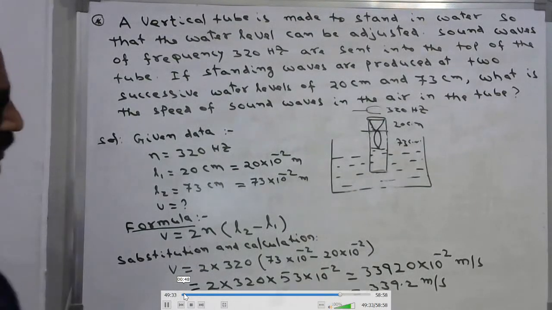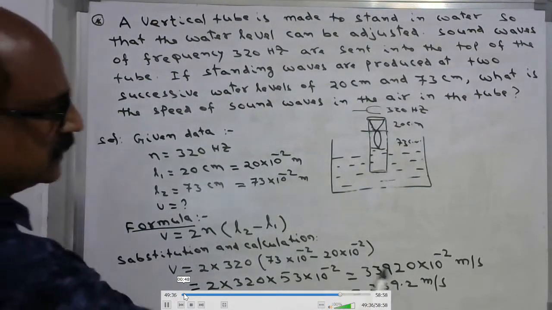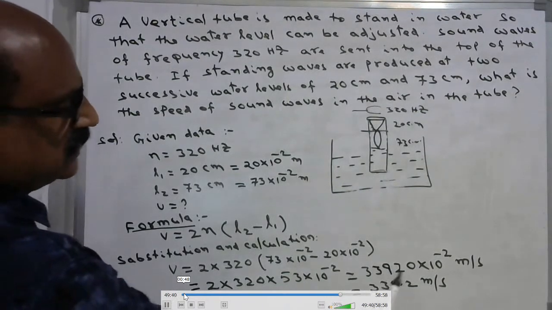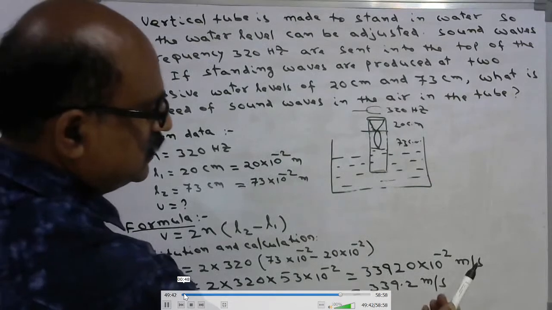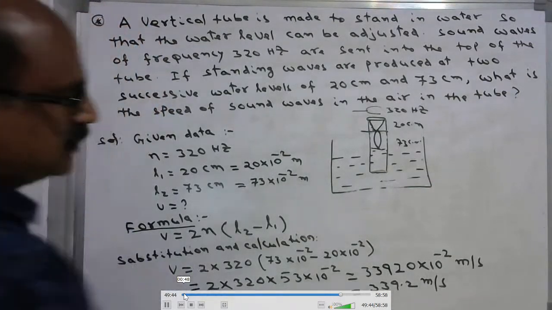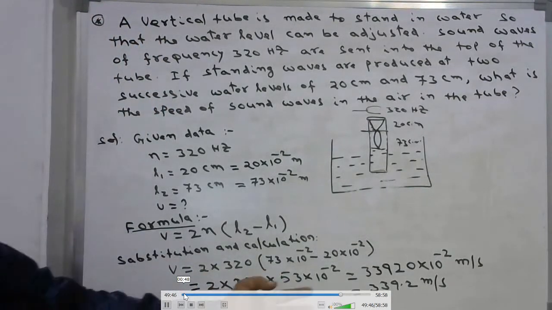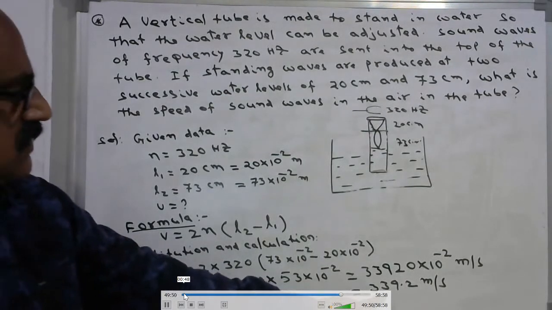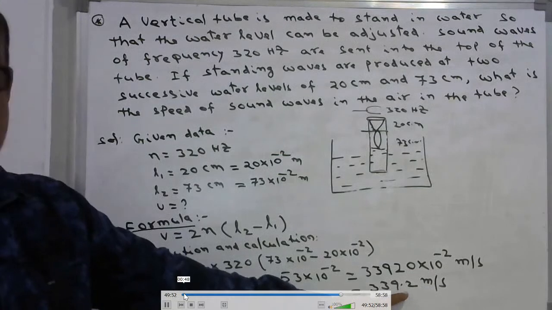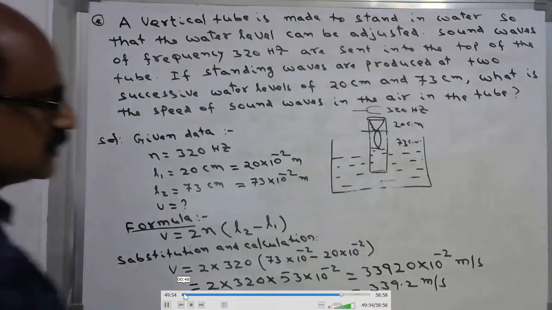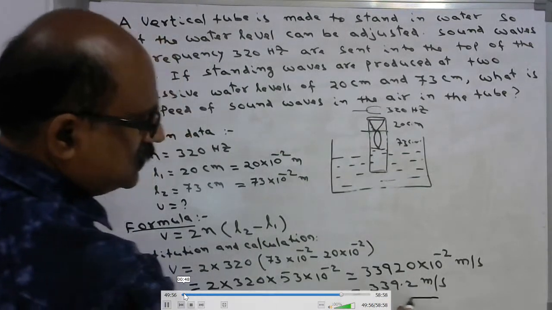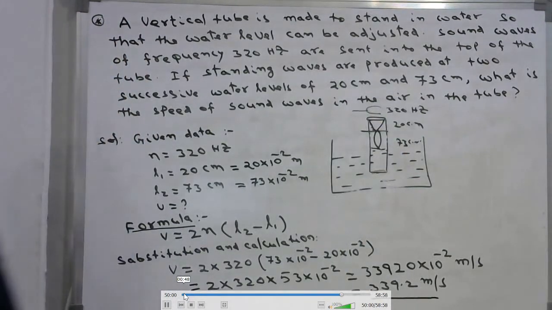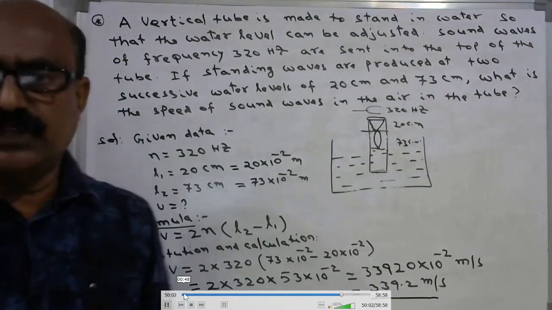After simplification, you will get 33,920 into 10 power of minus 2 meter per second. We already converted into meter per second. So the value is 339.2 meters per second, the velocity of sound in the tube. This is how we have to solve the problem.